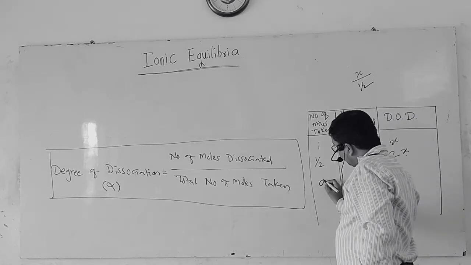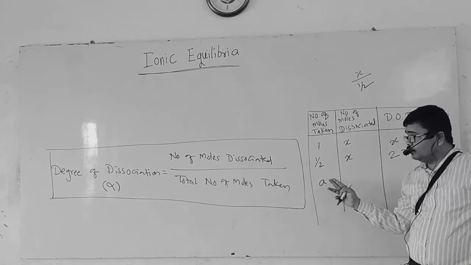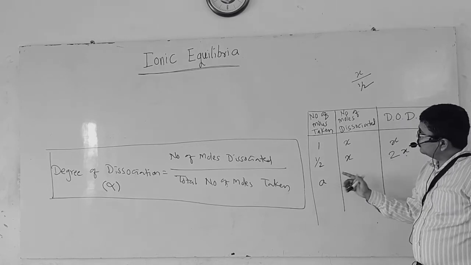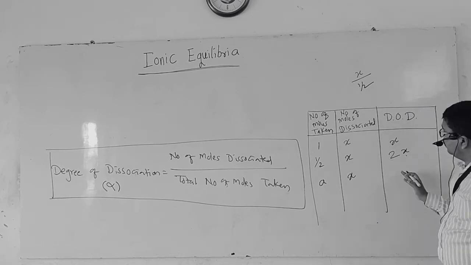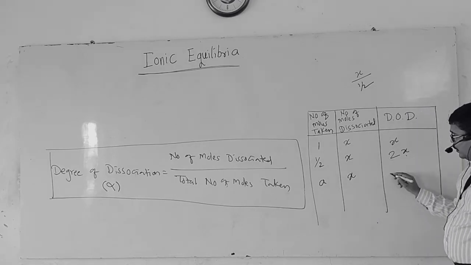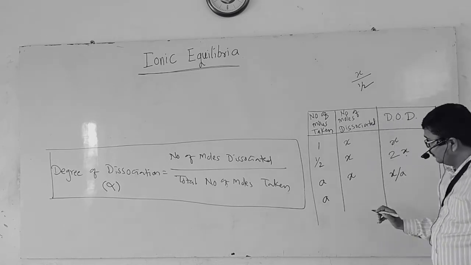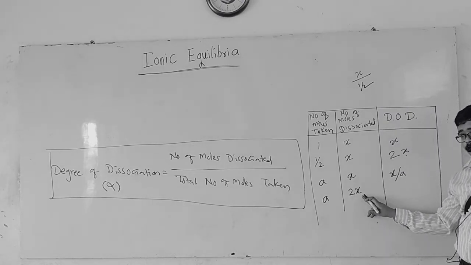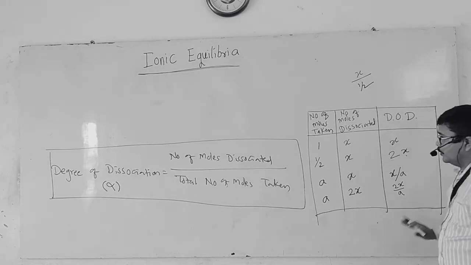Okay. If suppose A is the number of moles, out of A moles, X moles are dissociated. So what will be the degree of dissociation? X by A. If A moles are taken and twice of X moles are dissociated, then what will be the degree of dissociation? Twice of X upon A. Got it? Okay.